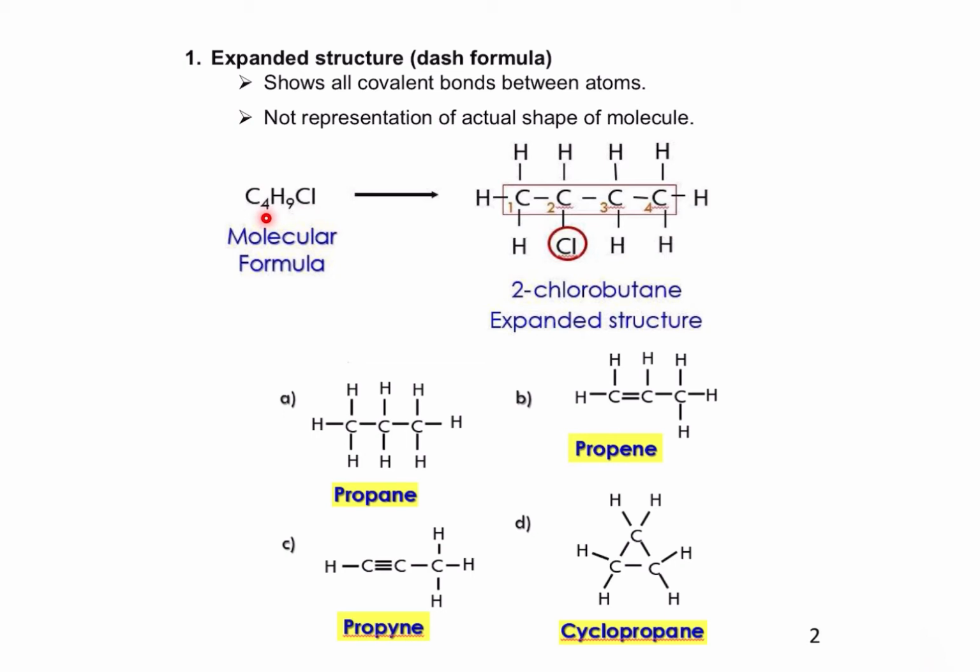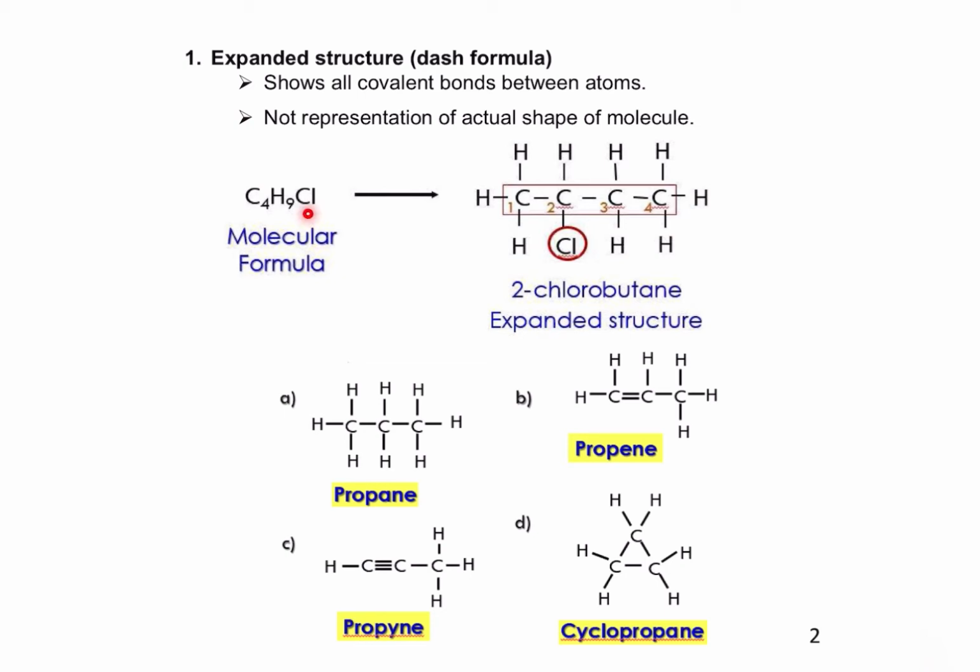We have 4 carbon atoms, 1, 2, 3, 4, and then we expand with 9 hydrogen atoms attached to the carbons. But make sure when you expand the structure, your carbon atoms have 4 single covalent bonds, because that's the maximum number of bonds it can form.